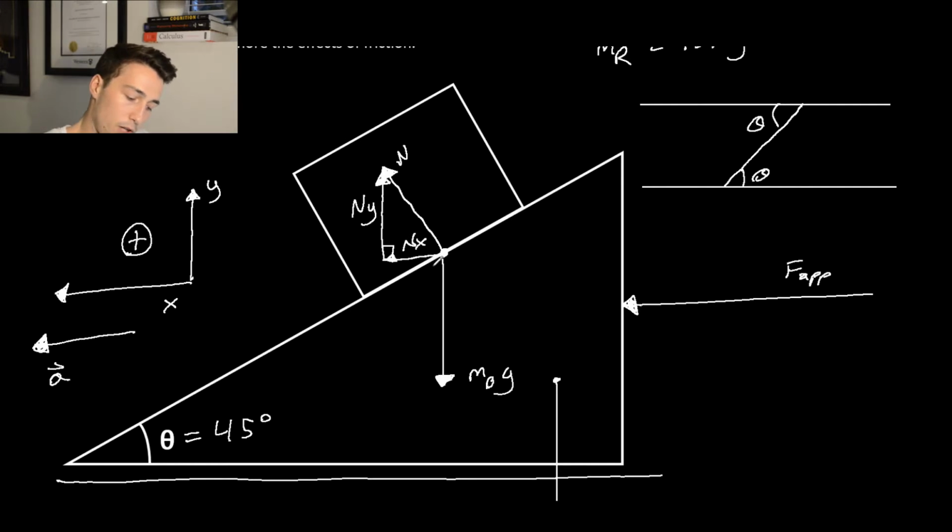So now, if we look at this angle right here, that's actually the same as this angle, at 45 degrees. So that's 45 degrees. And then the normal force, like the non-component of it, the entire normal force, is acting perpendicular. So this whole angle here is going to be 90 degrees. I'm going to erase this nx because it's getting a little crowded in here. But I'll put it over here.